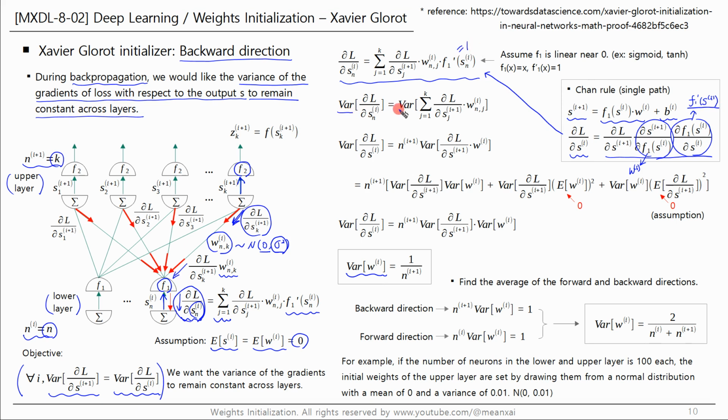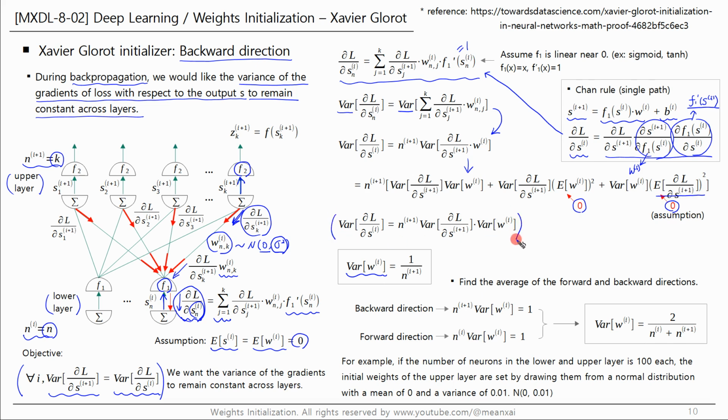We take the variance on both sides of this equation. And the right-hand side can be expressed like this using the formula we generated in the previous video. Using the formula for the variance of the product of two independent variables, this can be written as follows. By the assumption the mean of W is 0, and this can also be assumed to be 0.